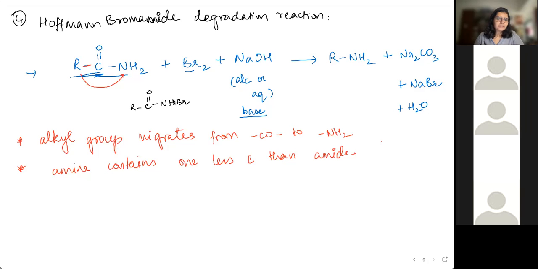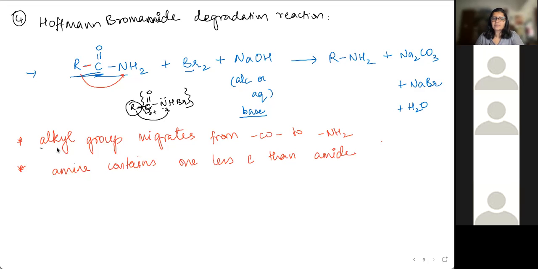Then this complex becomes very, very unstable, since there's a delta positive charge on this nitrogen and two lone pairs of electrons on it. That's when the alkyl group breaks its bond with the carbonyl and migrates here.